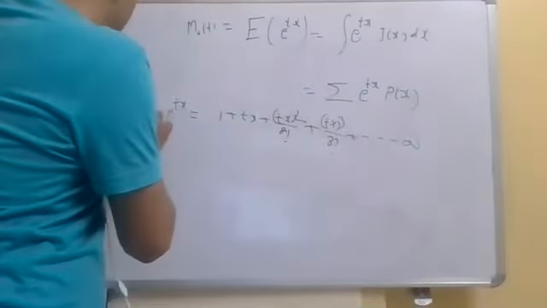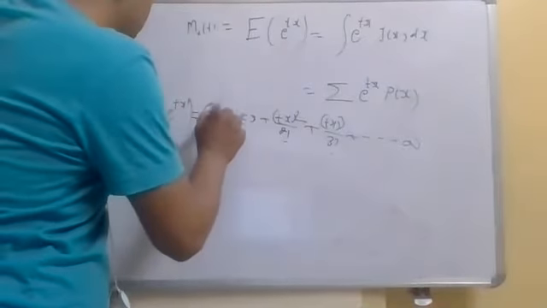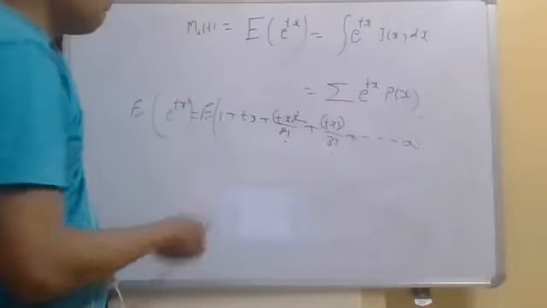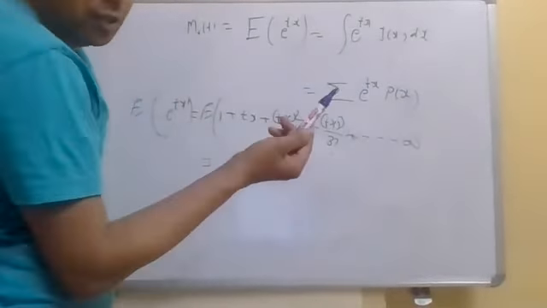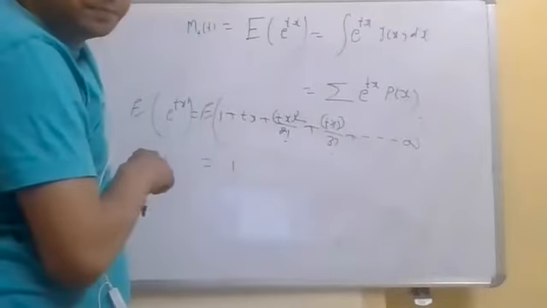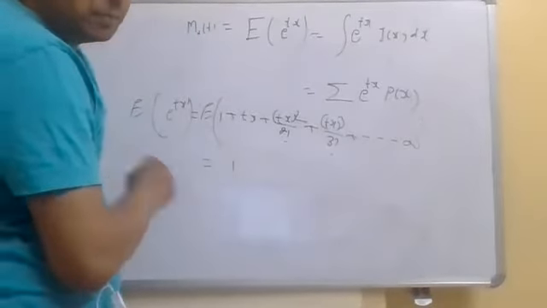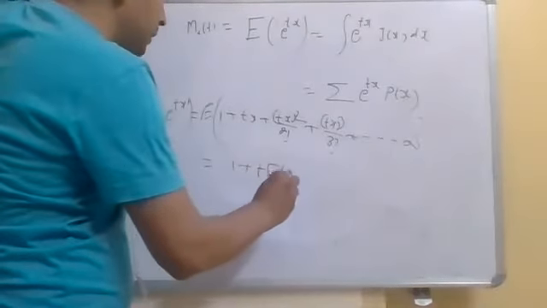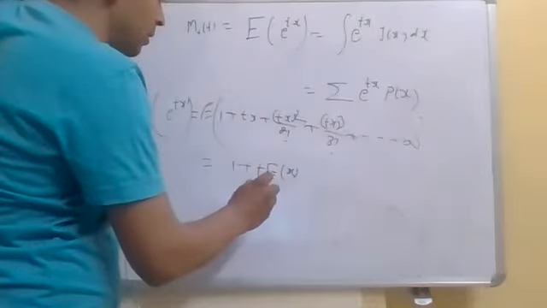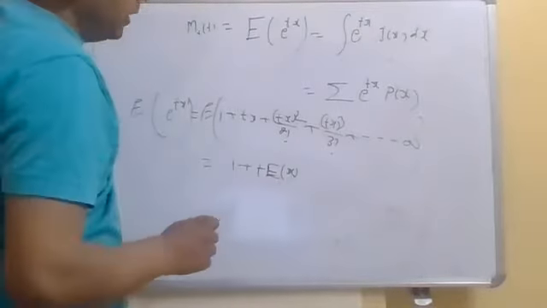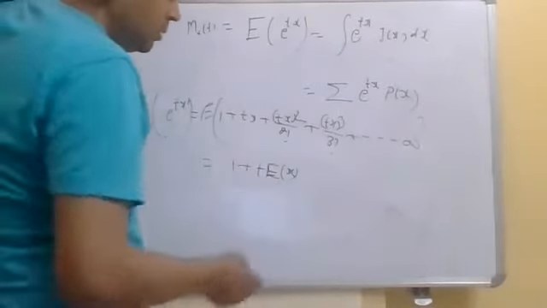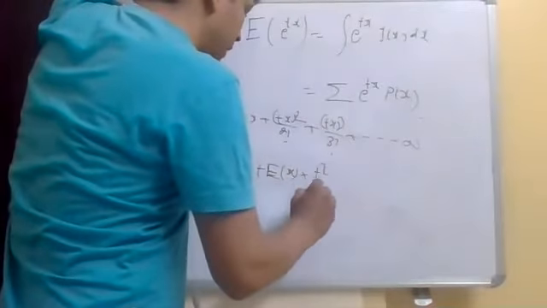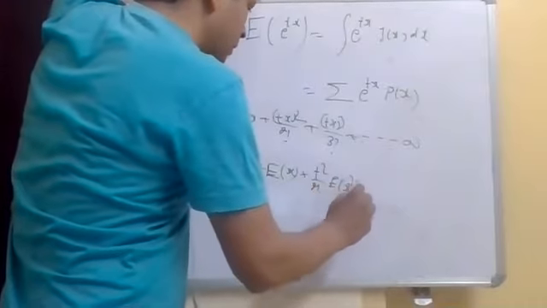When we take expectation, we can take it term by term. So the expectation of 1 is 1, plus t into the expectation of x, which can be found by the formula for expectation of x. Similarly, t square by factorial 2 into the expectation of x square, and so on.